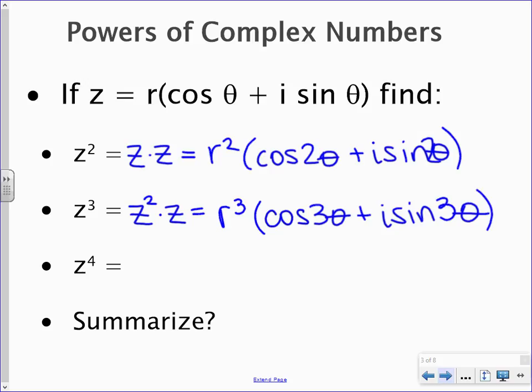Z to the 4th would be like taking our z cubed that we just found and multiplying another z to it. If we were to do that, we would have r times r cubed for the r value. And then we would add our angles, theta and 3 theta.